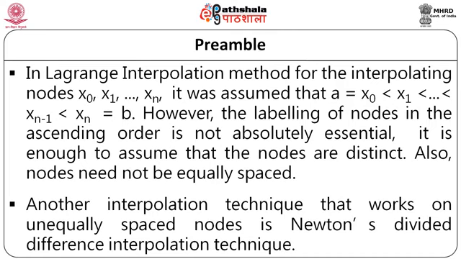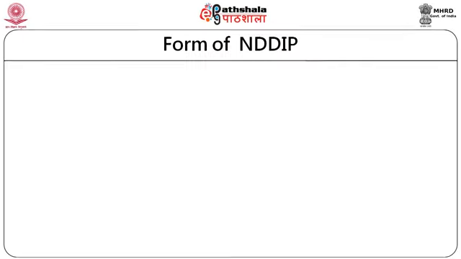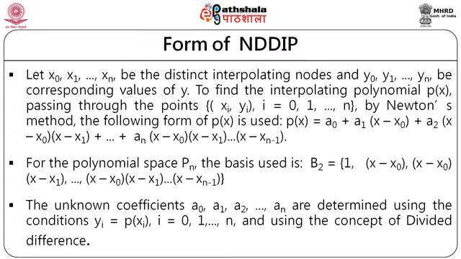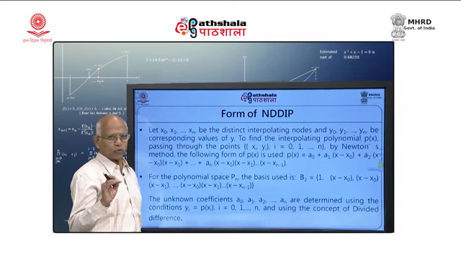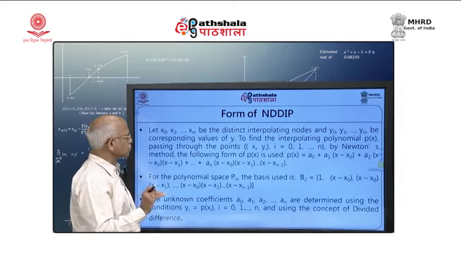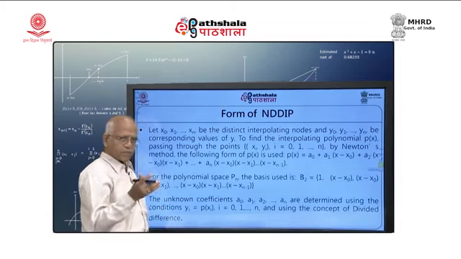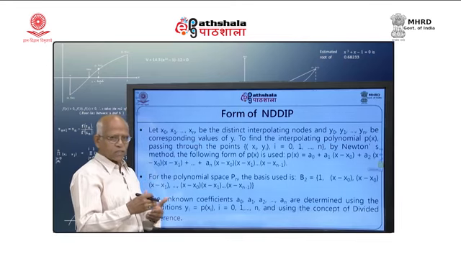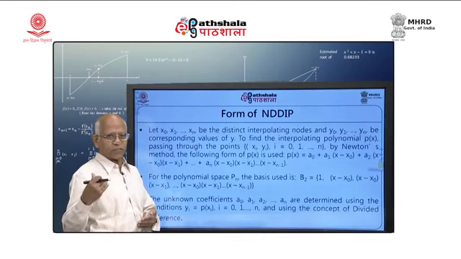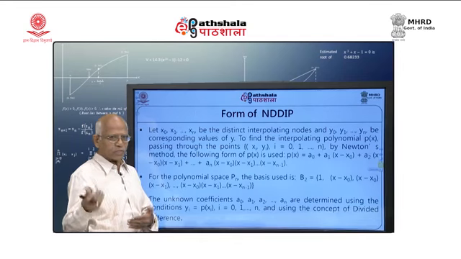Another interpolation technique that works on unequally spaced nodes is Newton's divided difference interpolation technique. Before we go to this, let us see what is the form of Newton's divided difference interpolating polynomial. As you remember, in the last module we have seen different bases for polynomials, and on the basis of which basis we are considering, the interpolating polynomial is decided.